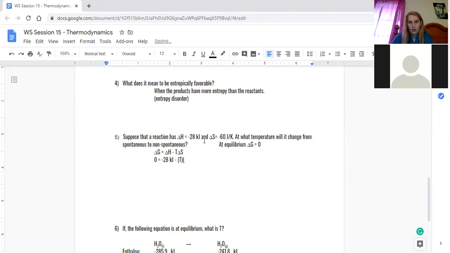So we have our negative 0.060 kilojoules per Kelvin. And so then we can go ahead and move these around and solve.